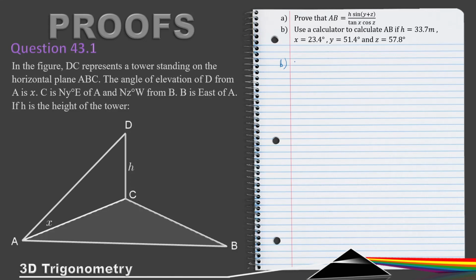So AB is equal to h, 33,7, sine of y, 51,4, plus z, 57,8, over tan 23,4 and multiplied by cos 57,8.